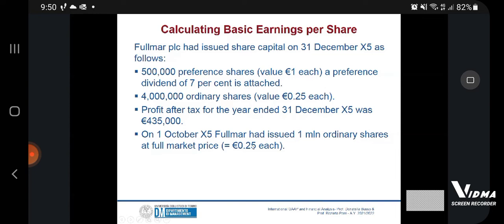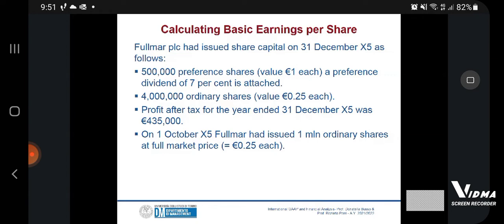In case we issue new shares at a price that is below the market price, we will see later, they are considered a rights issue. So later on, we'll have the chance to see what happens when we issue new shares at market price, and below the market price, when they are considered a rights issue. But for the moment, let's assume the issue will be at full market price.